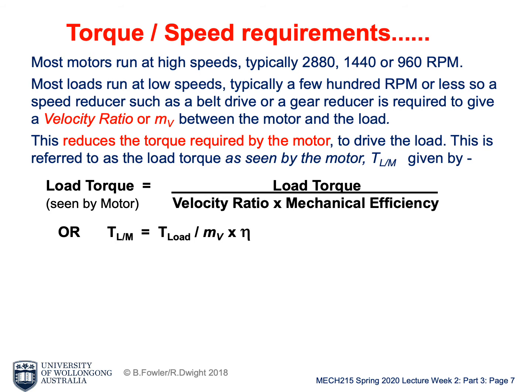So there's a slash m, which means that's what the motor sees, is equal to TL, the actual load, divided by NV, the velocity ratio, or we call it the gear ratio, and then multiplied by the efficiency.